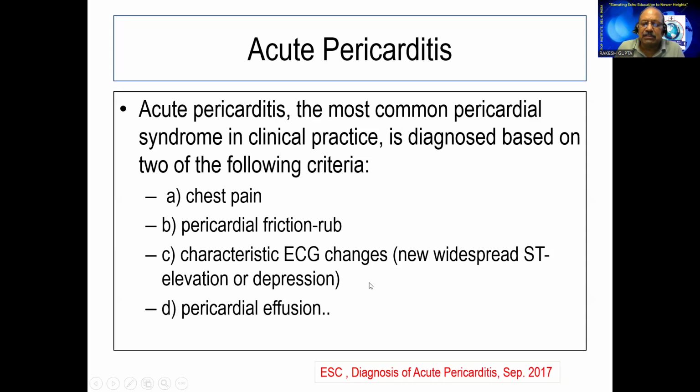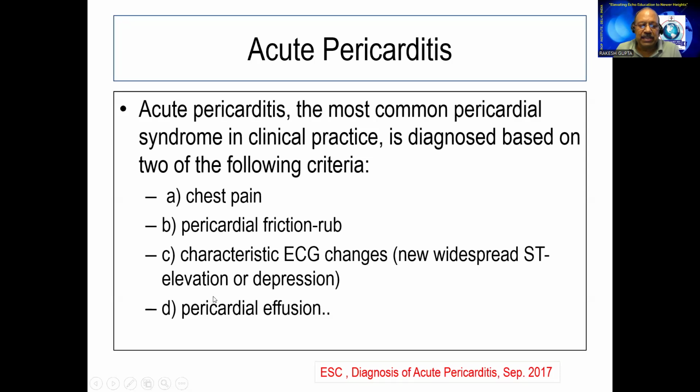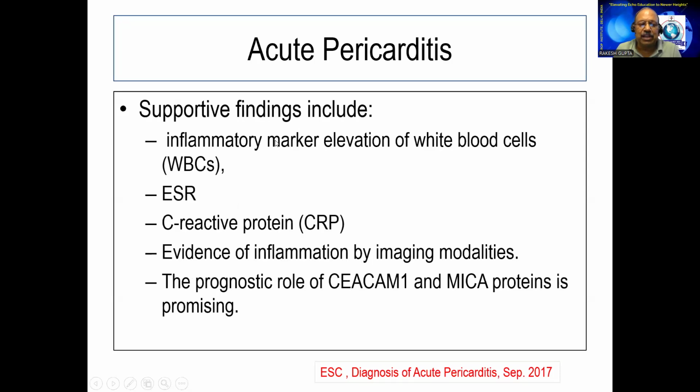Characteristic ECG changes. It's not dome-shaped, it is a curve-shaped ST-T wave change which is seen in the ECG. And then we have a separation of visceral and parietal pericardium to show evidence of a pericardial effusion during diastole. So we have two of these findings, plus a supporting finding.